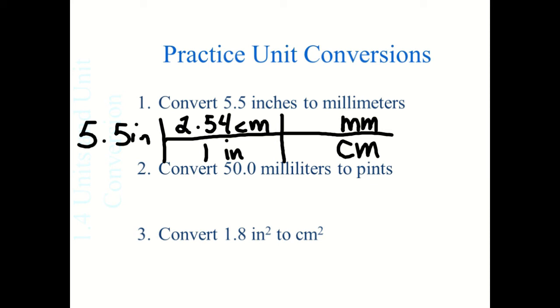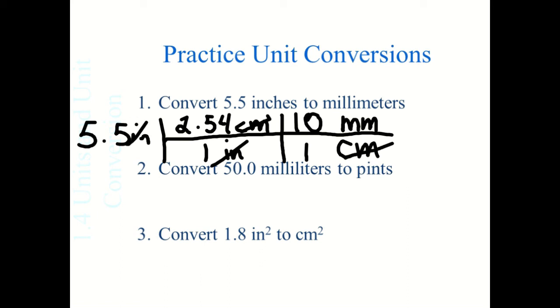For every 1 centimeter, there's 10 millimeters. Centi is to the hundredths, milli is to the thousandths. So it's a difference of 10.